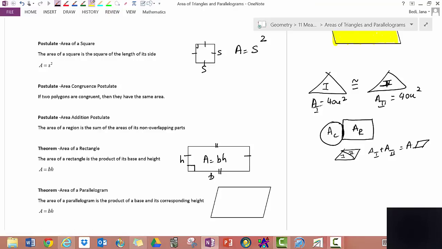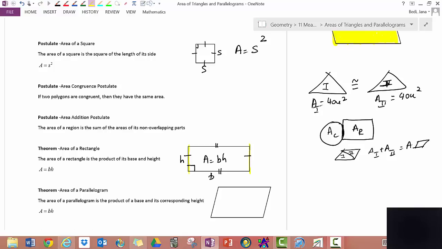If you look at these sides here and you imagine them sort of leaning to the right, if the whole parallelogram was made of sticks, or if the whole rectangle was made of sticks, then it would still have the same area.